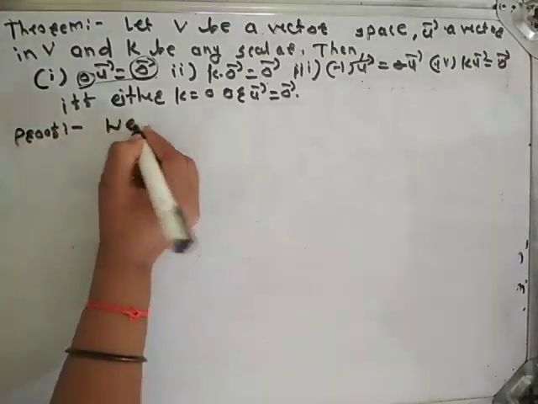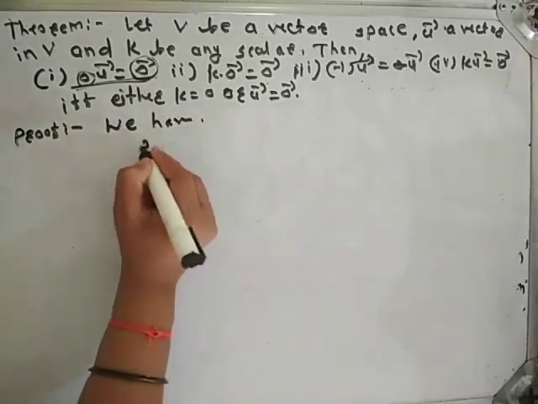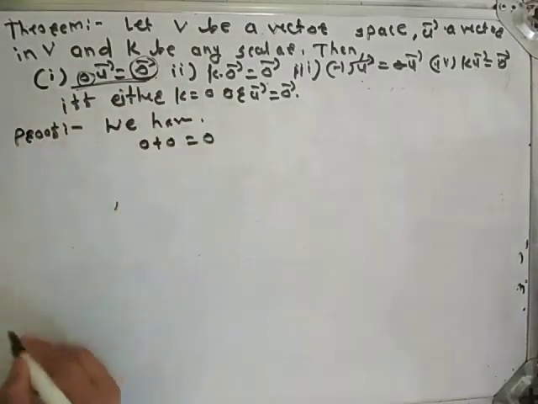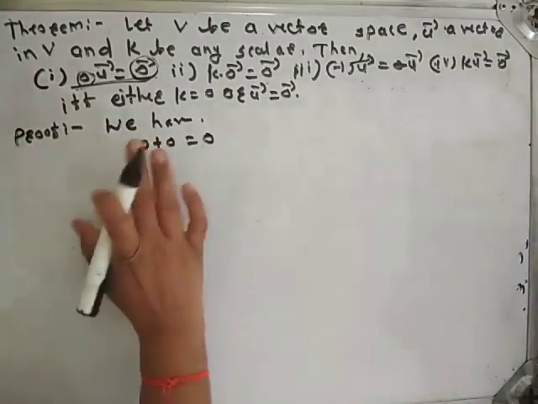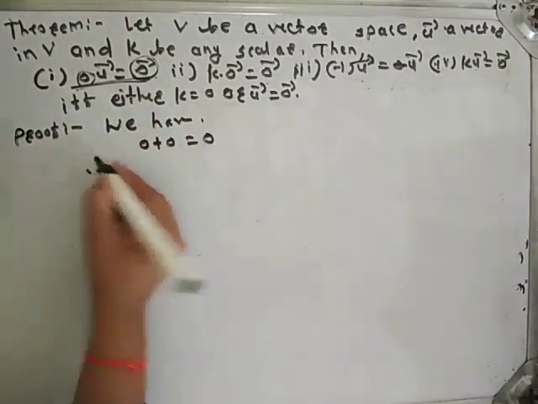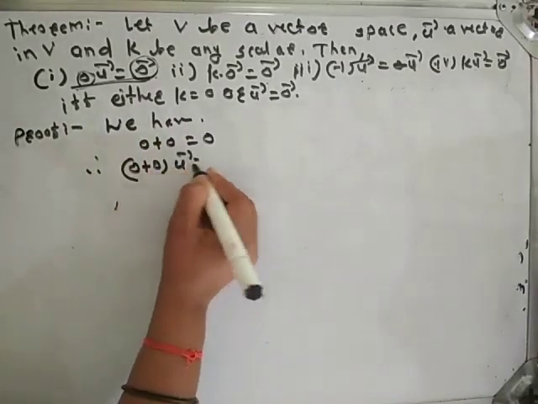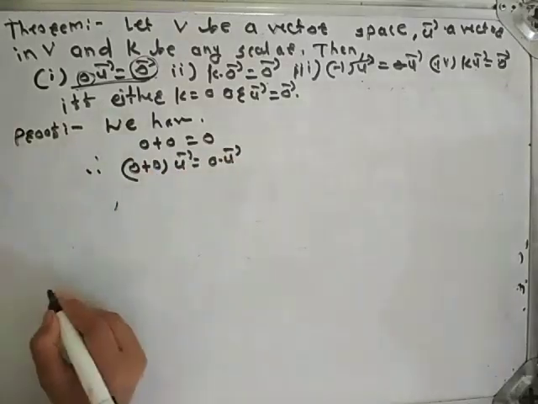First we have to show this. 0 plus 0 can be written as 0. Multiply by u bar on both sides, we will get 0 plus 0 into u bar is equal to 0 dot u bar.